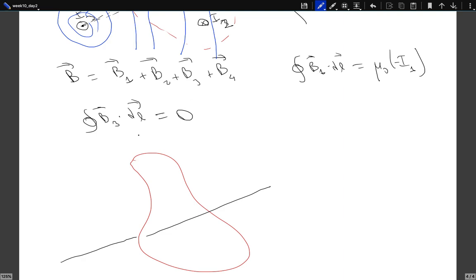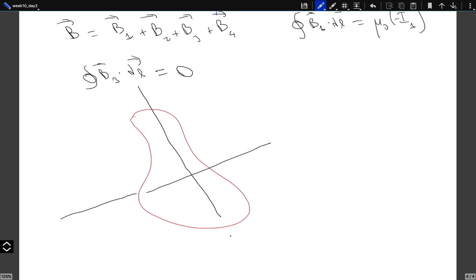Another current can come here, and then goes below the loop. Let's say this is I1. This is I2. Let's even imagine a third one, I3. They are not perpendicular to the screen, not into the screen, but it doesn't matter.